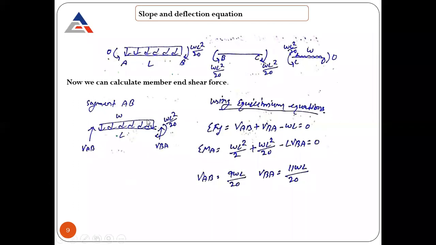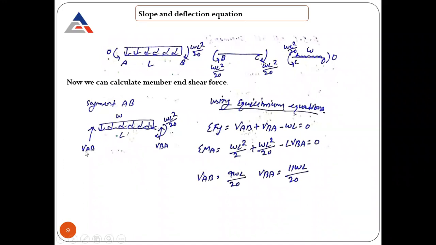It's a simply supported beam on which I have a UDL loading of W. I calculated the bending moment, which was unknown before solving this. We calculate that, place it on the beam, and calculate the shear forces VAB and VBA. Let me use the equations of equilibrium and calculate all the values.